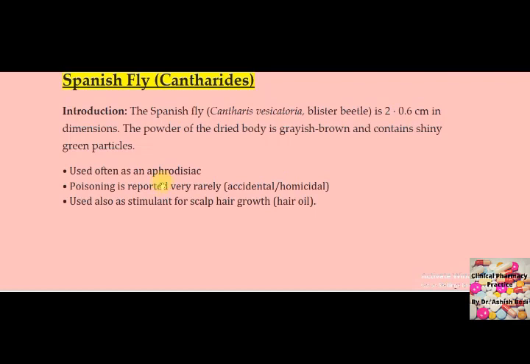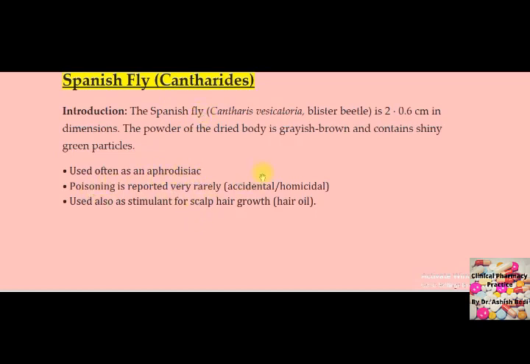It is burned, and the powder which we receive is used as an aphrodisiac, a substance which stimulates our sexual desires.